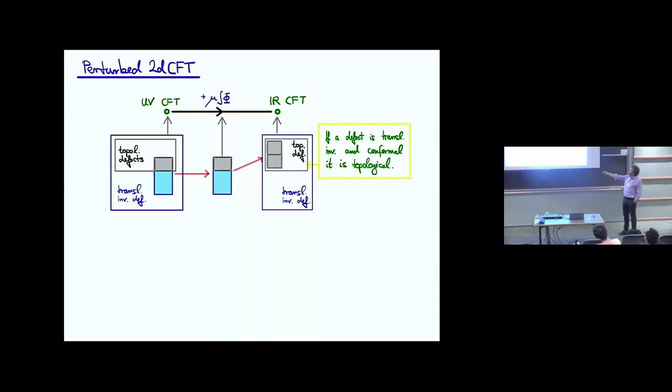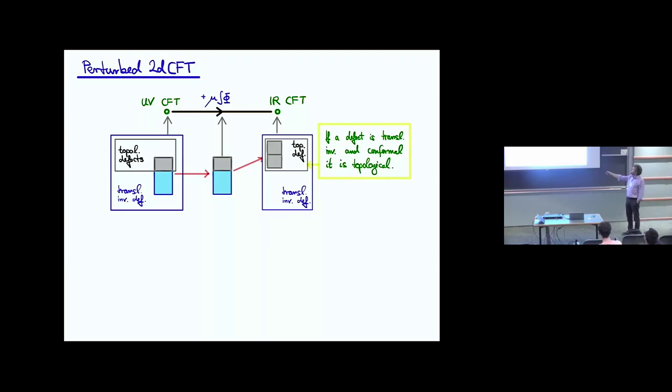And maybe some topological defects survive as we perturb the theory, so they commute with the perturbing field. But maybe also some of the translation invariant defects survive. And so maybe there's more now which can persist when we have gone out of the critical point.